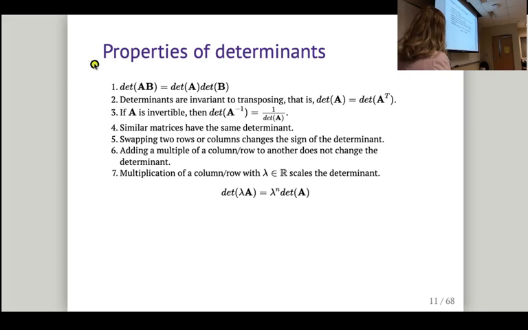Adding multiples of rows and columns to one another does not change the determinant. And then finally, multiplication of a column or a row with some scalar lambda scales the determinant. So for example, if I take all of the elements in my matrix A, multiply them by some scalar lambda, the determinant is then raised to the n power because we have those n rows or n columns in this matrix.